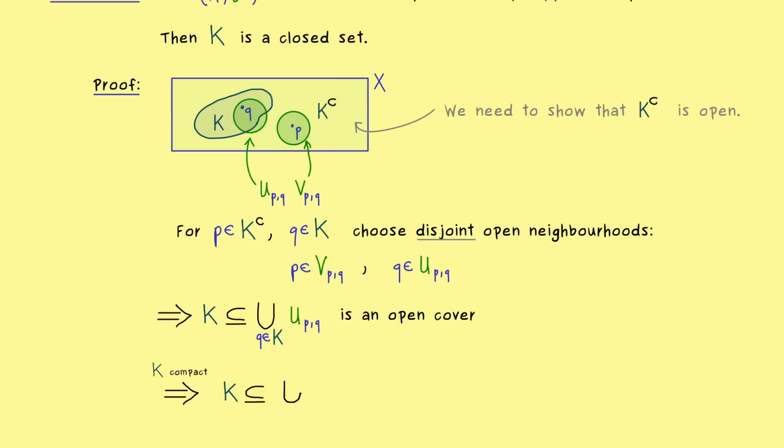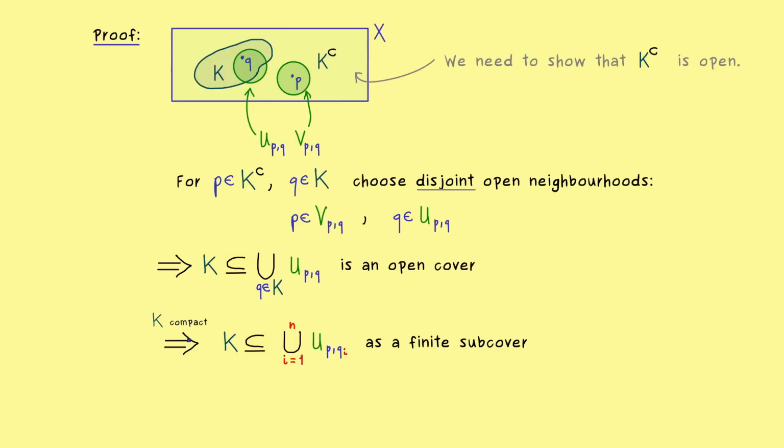So this is our finite subcover, and let's say we go through the numbers 1, 2 until n. This includes that we choose some special points Qi. We don't need to say more about the choice of the points, because we know by compactness that such a finite list exists. Moreover, corresponding to these sets U, we also have the sets V.